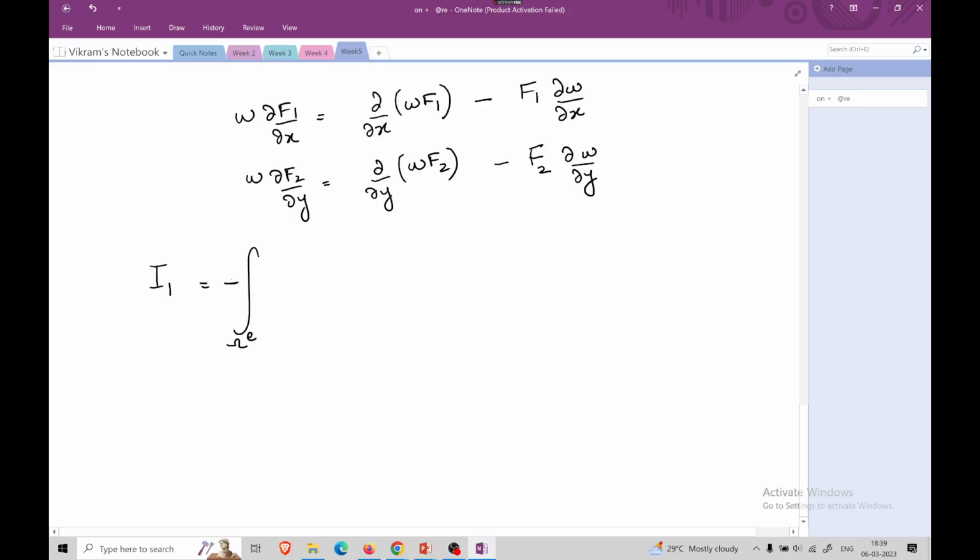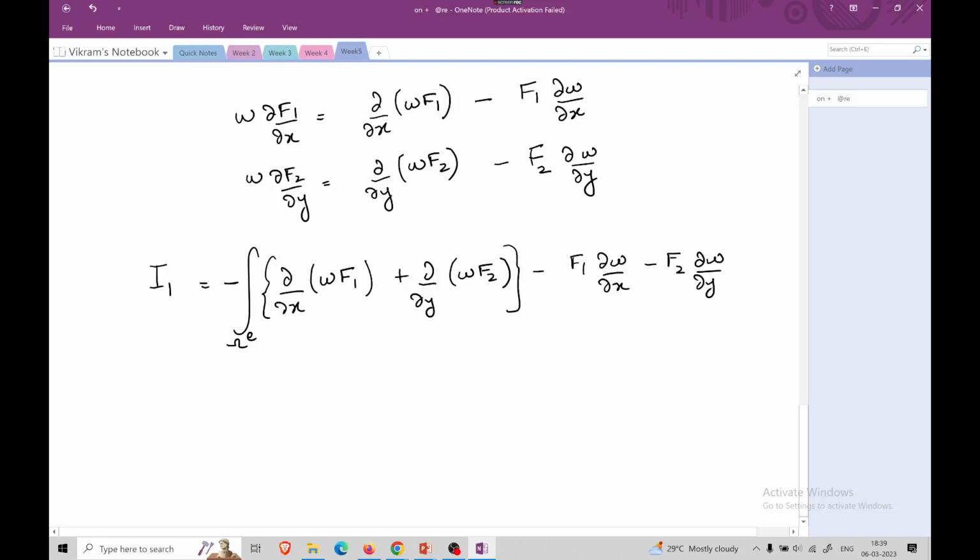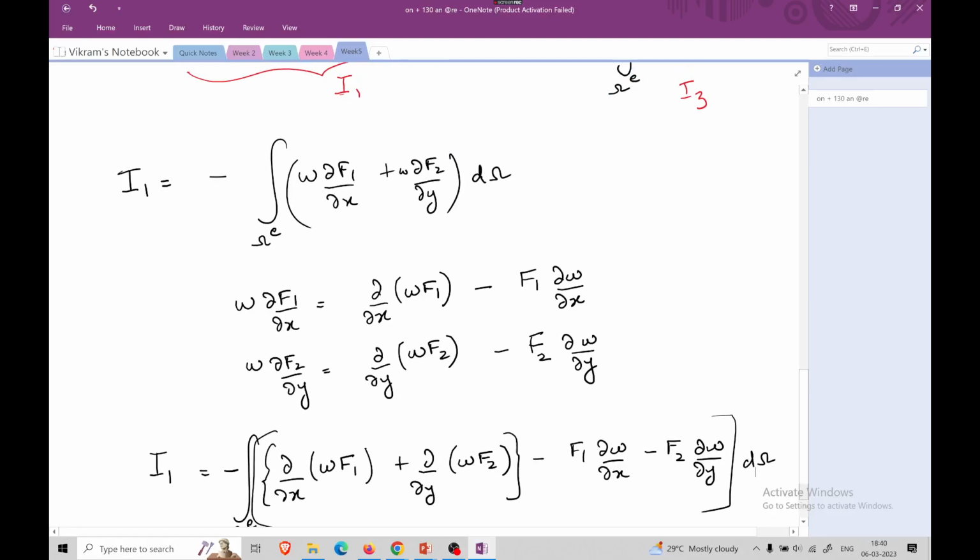If I add both, I am going to get ∂/∂x of W f1 plus ∂/∂y of W f2, minus f1 ∂W/∂x minus f2 ∂W/∂y, the entire thing dΩ. So what I have done is individually added both the equations, so I get it like this.